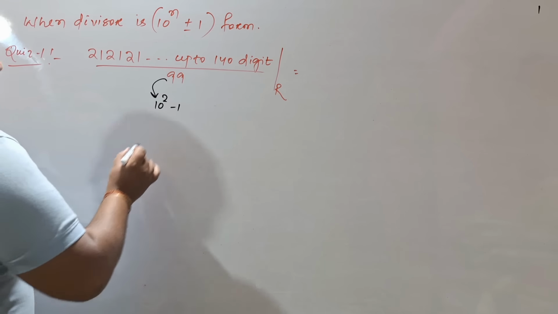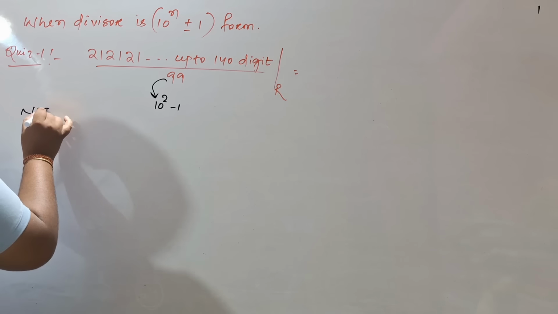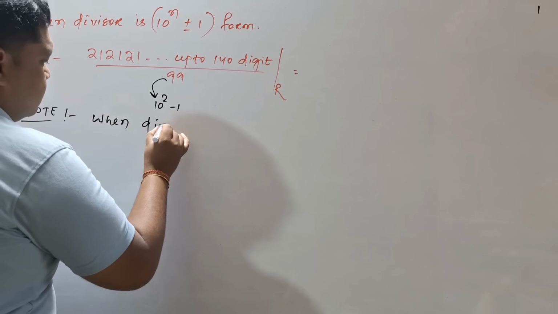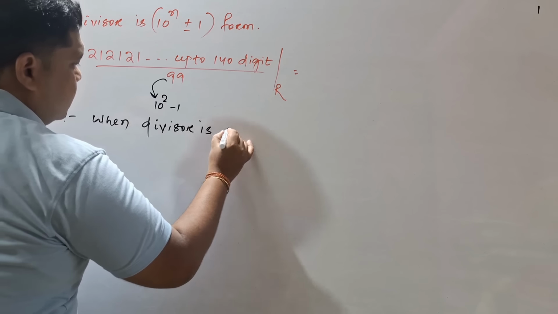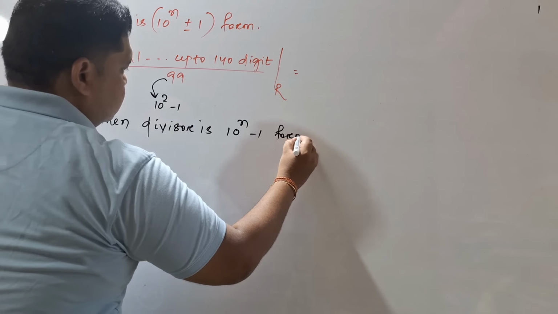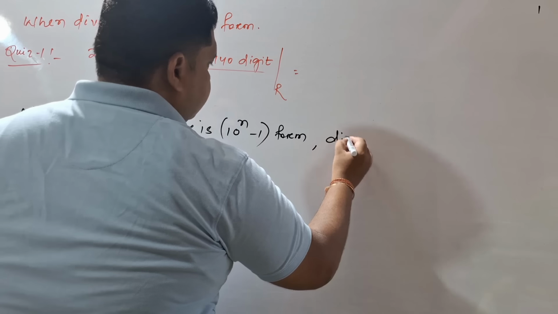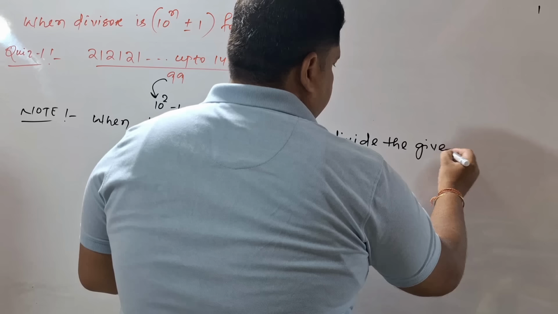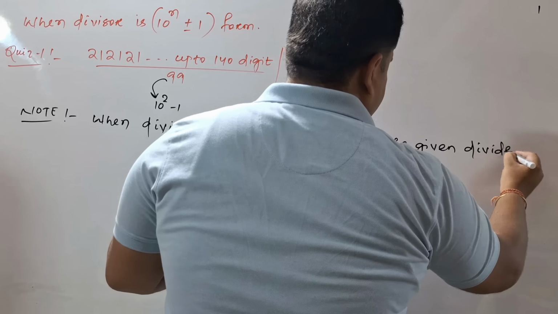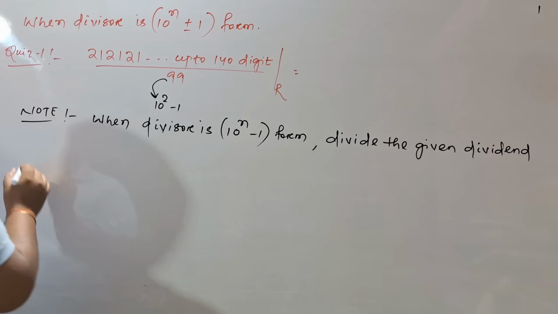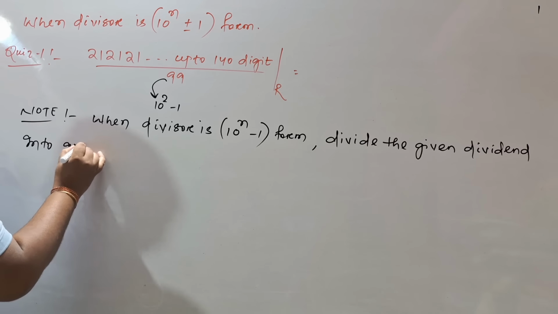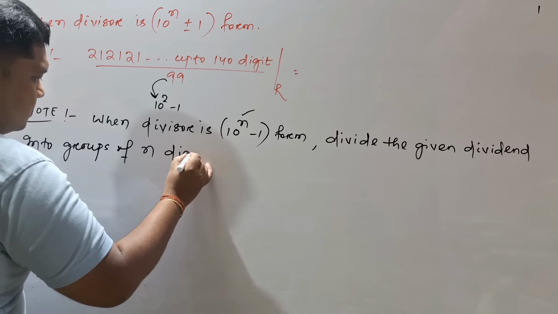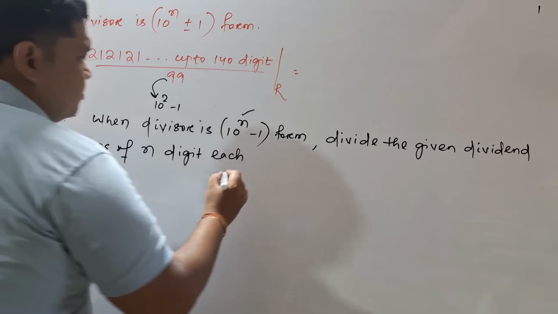So when the divisor is of the form 10 to the power n minus 1, first note: divide the given dividend into groups of n digits each, and add them to find the remainder.